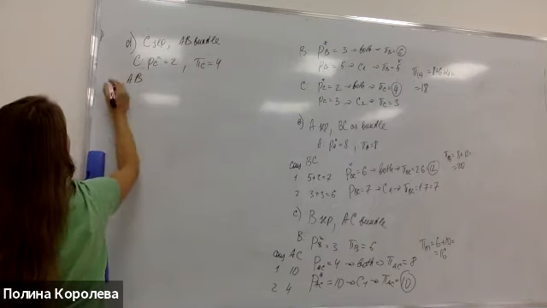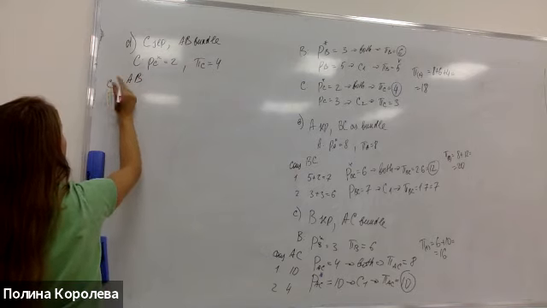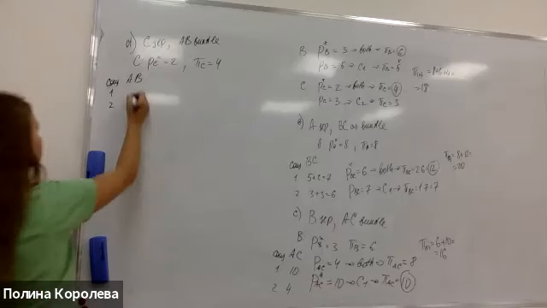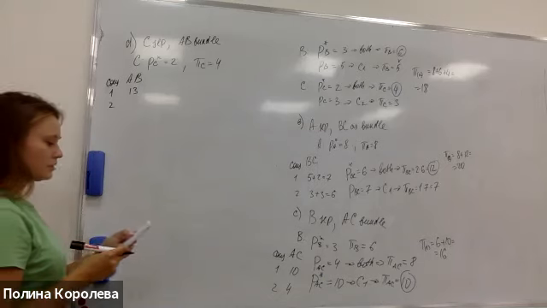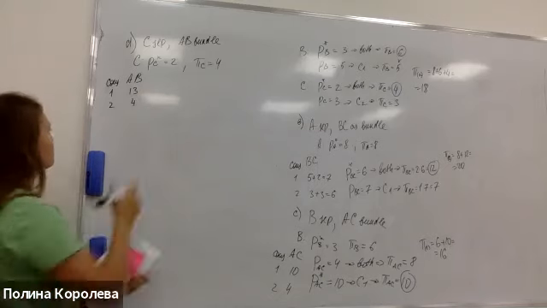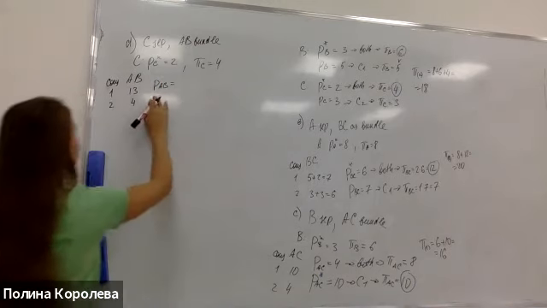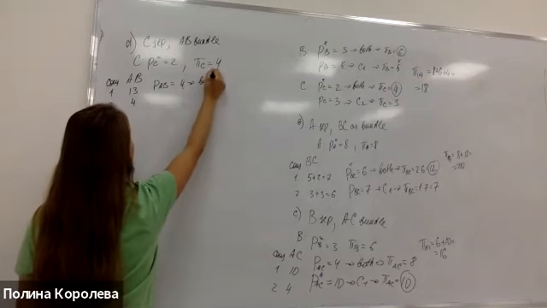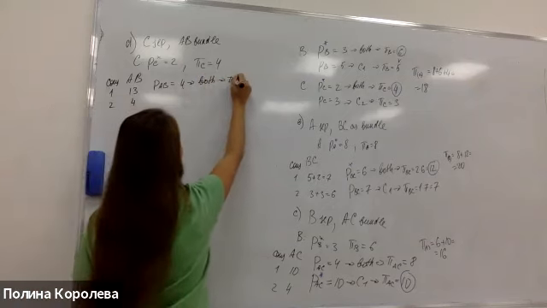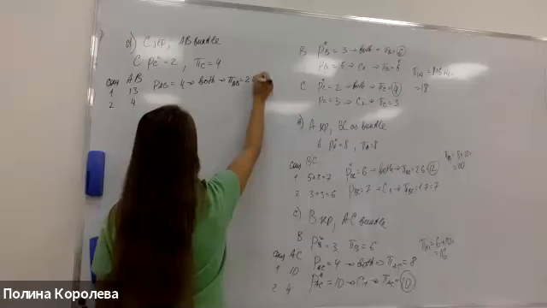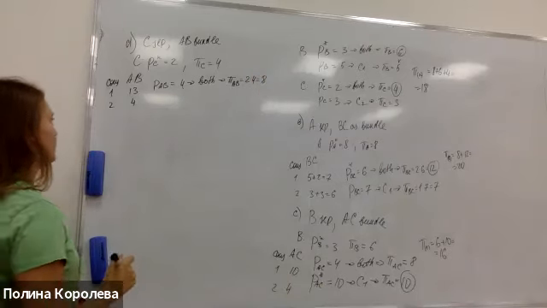For AB, first consumer maximum willingness to pay for AB 8 plus 5, 13. And for the second, 1 plus 3, 4. So 2 options. If the price is 4, then both will buy. Then profit from selling AB as a bundle, we will sell 2 bundles for price 4, profit will be 8.